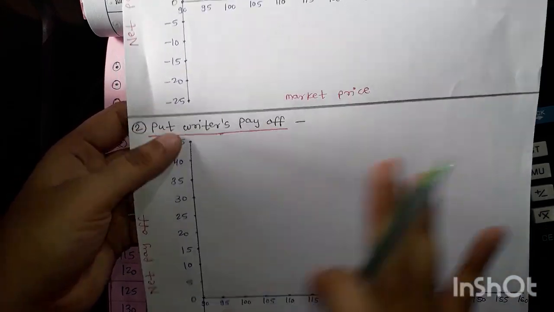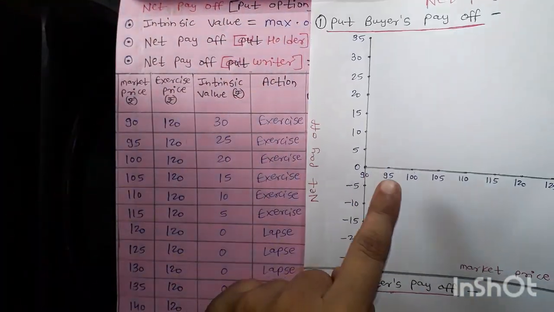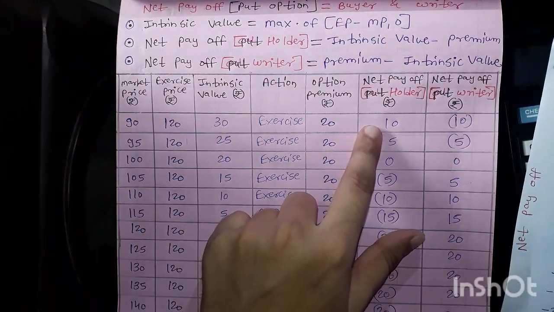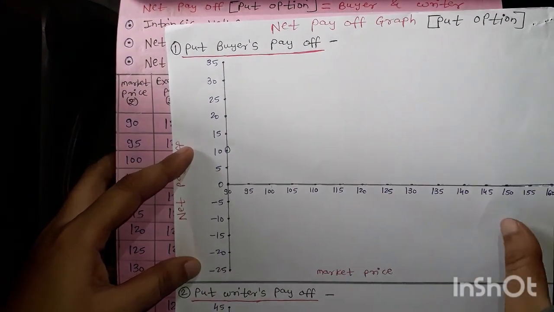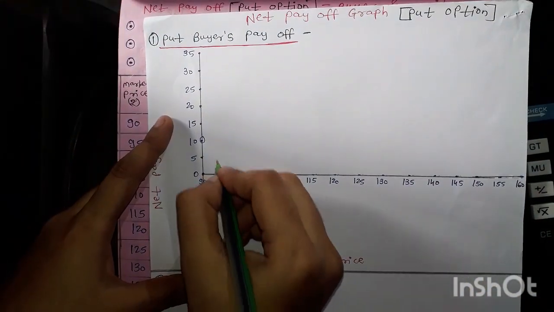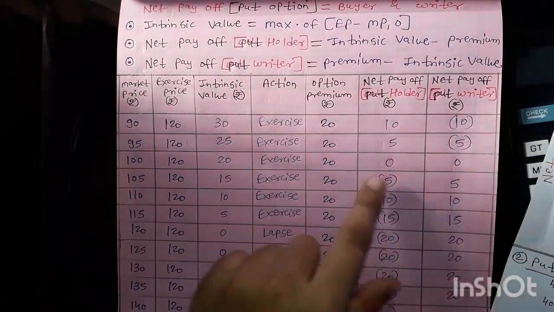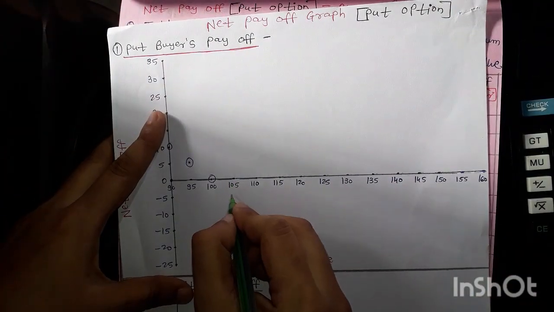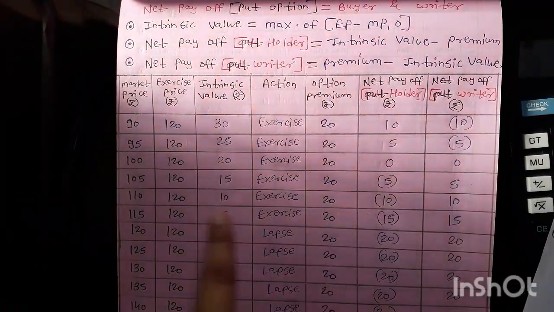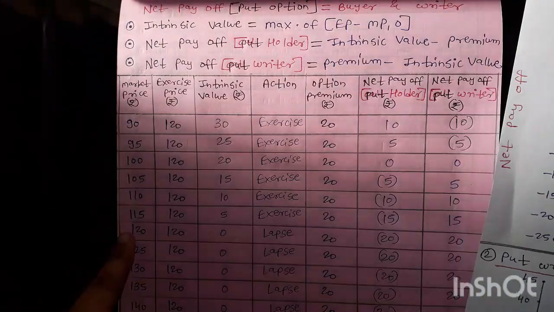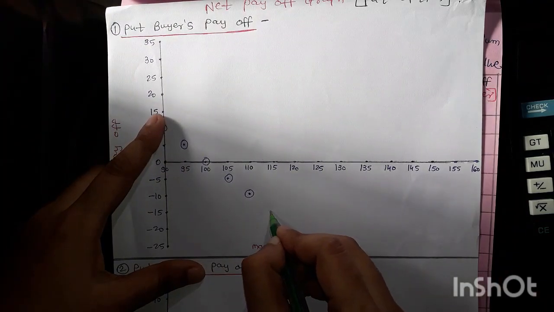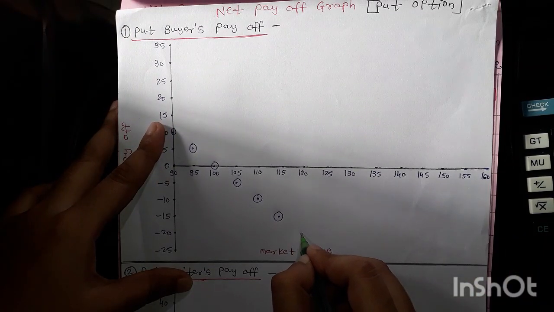The put holder's graph we will draw here. First of all see the market prices, after that the net payoff. First of all, for 90 our net payoff is 10. So this is my price and this is my point. After that, 95 is 5, 100 is 0, 105 is minus 5, 110 is minus 10, 115 is minus 15, 120 is minus 20.